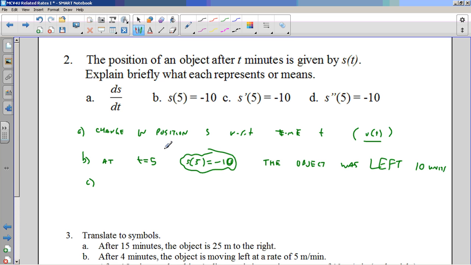Okay. What about s prime at 5? At time equals t. What does negative first derivative mean? It means it's moving left. The velocity is left.